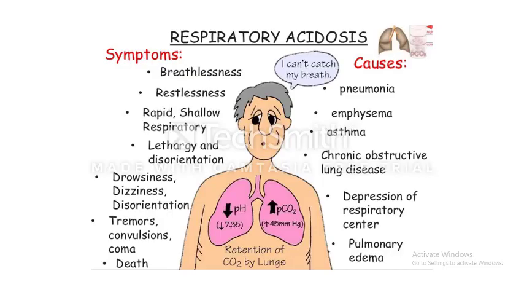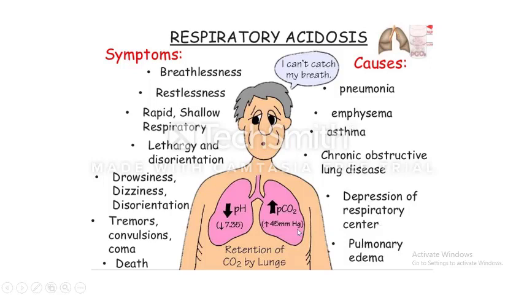Respiratory acidosis symptoms are breathlessness, restlessness, rapid shallow respiration, lethargy and disorientation, drowsiness, dizziness, tremors, convulsions, coma, and if not treated they can lead to death. And the causes can be pneumonia, emphysema, asthma, chronic obstructive lung diseases, and depression of respiratory center or pulmonary edema.